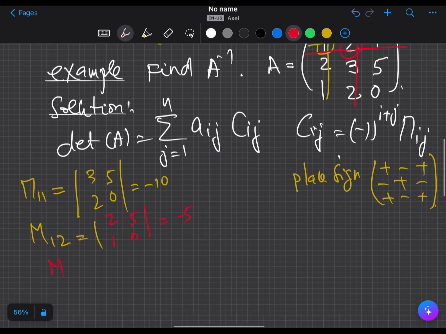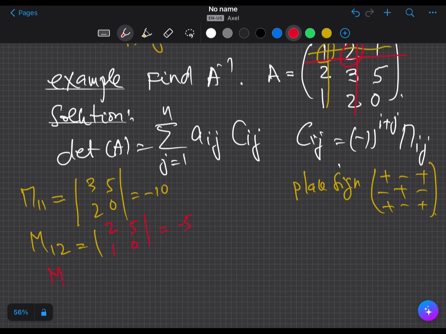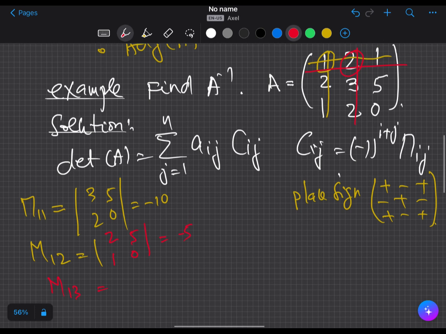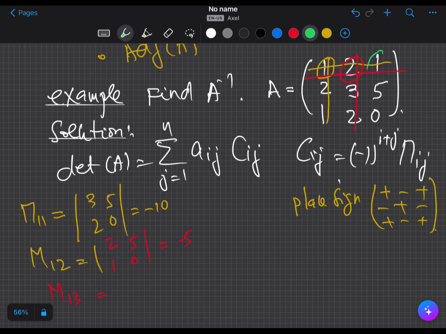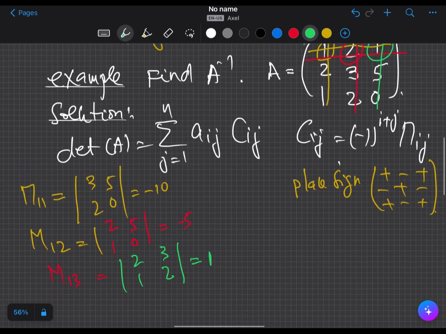If I find the minor of 1, 3, this one, and I do this, I'll be left with 2, 1, 3, 2, equal to 4 minus 3, which equals 1. We can also easily find the minor of 2, 1, this term.